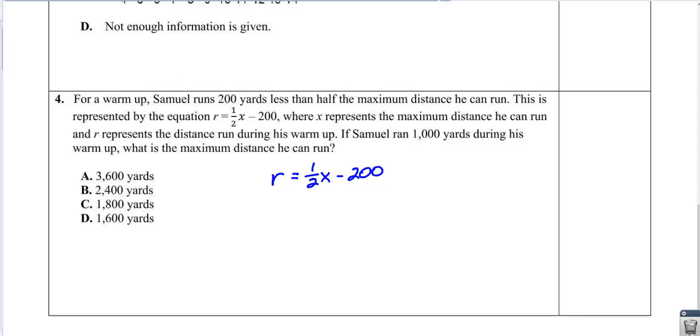In this case, we know what r is because they tell us r represents the distance run during the warm-up, and then it says Samuel ran 1,000 yards during the warm-up. So we know that we can rewrite this as 1,000 equals 1/2 x minus 200.